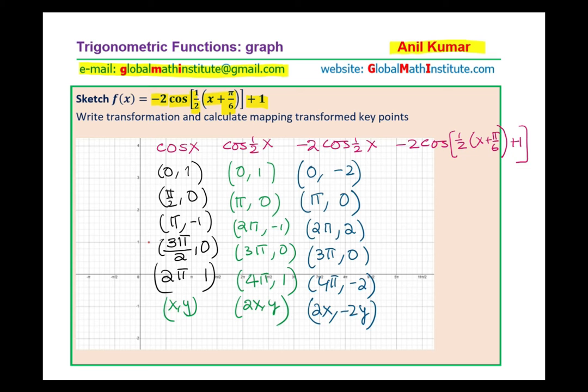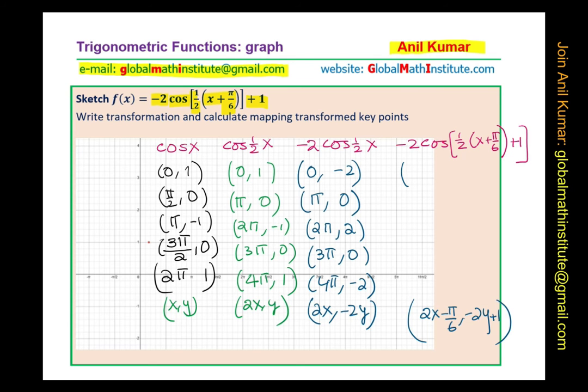Now, at the end, we are looking into two transformations. One is the translation towards the left. So let me rewrite this as 2x minus pi by 6. That represents the horizontal translation, pi by 6 left. And then, as far as the y value is concerned, minus 2y we had, to that we are going to add 1, correct?